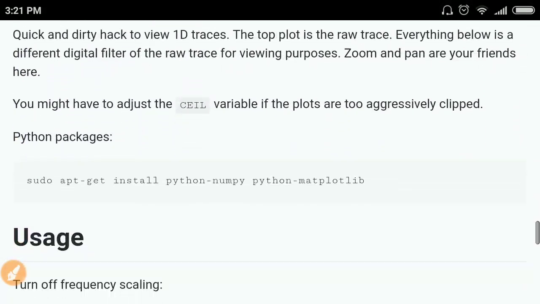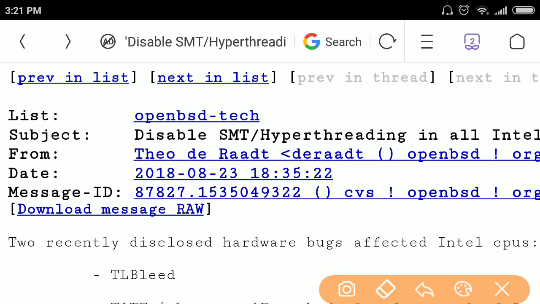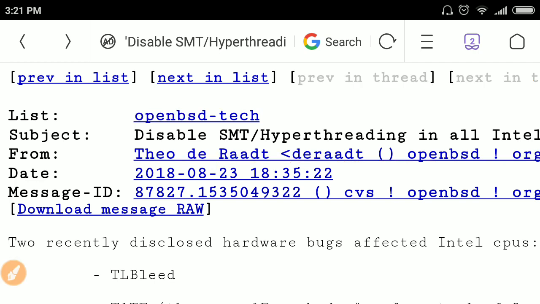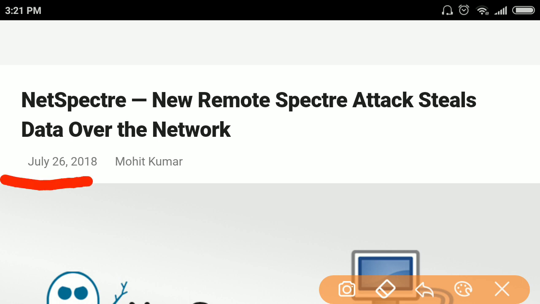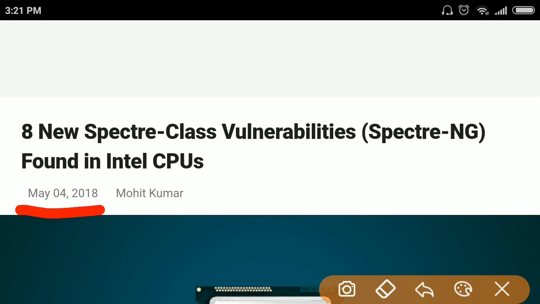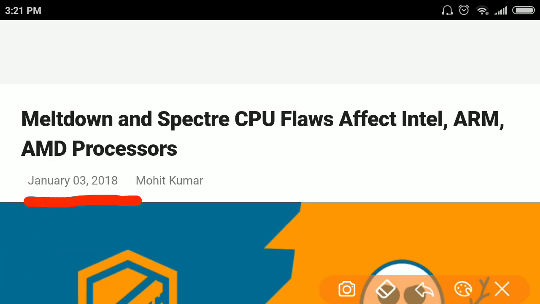And these are the tools required for this proof of concept. And this is the mitigation they have recommended: to disable the simultaneous multi-thread feature in all Intel CPUs. And these were the vulnerabilities, or side channel attacks, detected earlier this year. This was in July, this one in May, and this one in January.